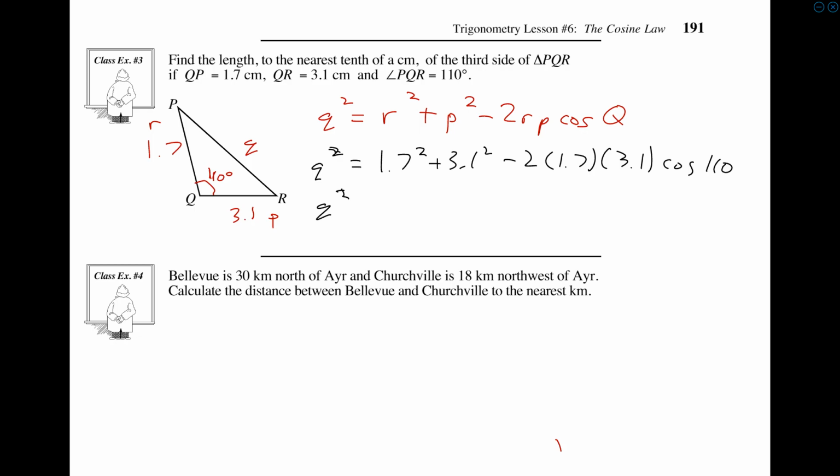I see thumbs from here. You're good, good. So Q squared is 16.1. So what's that tell you about Q? Yeah, 4 point something. In this case, it's 4.01. It asks for the nearest tenth. 4.0. Great job.